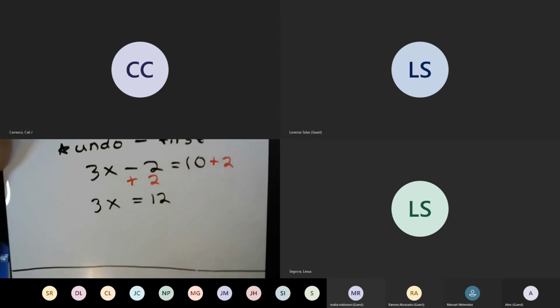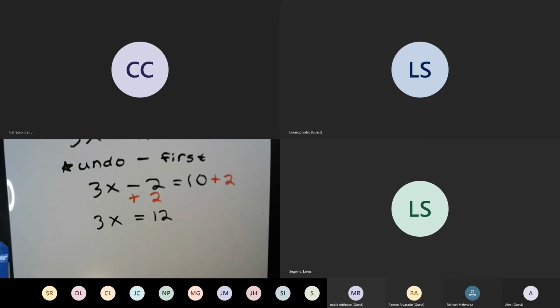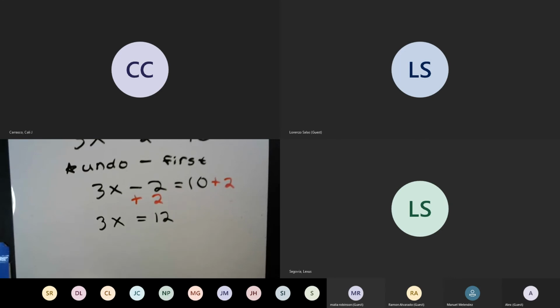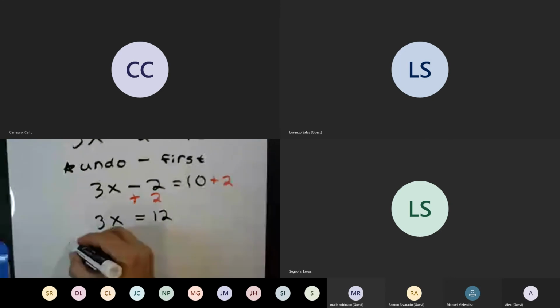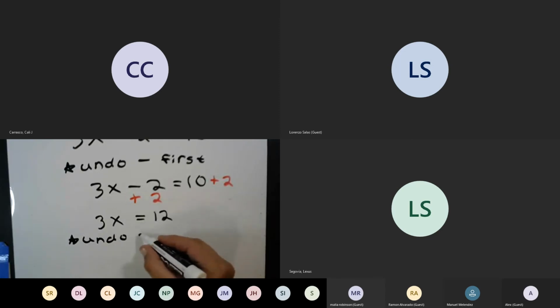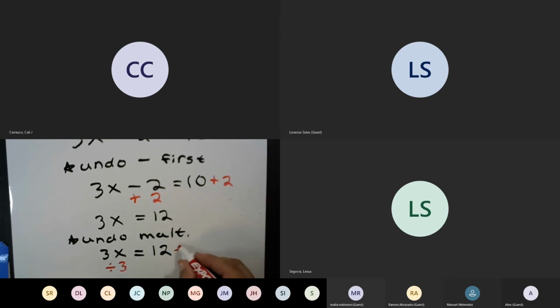Next, what we're going to do is we'll undo the multiplication. So we divide because division is the opposite of multiplication.